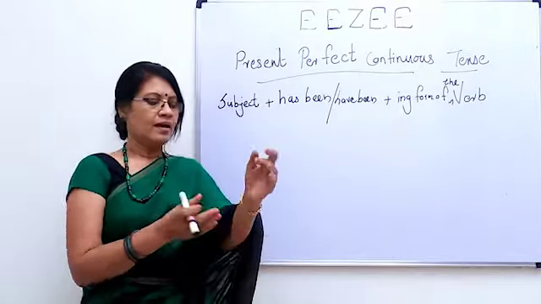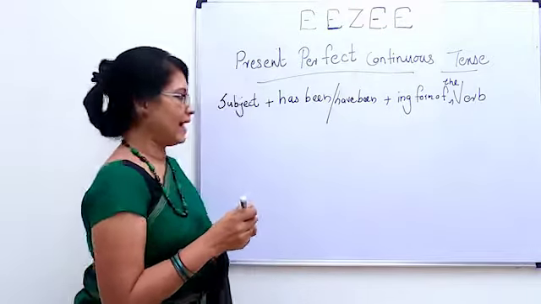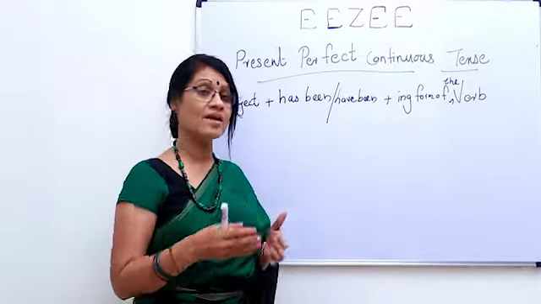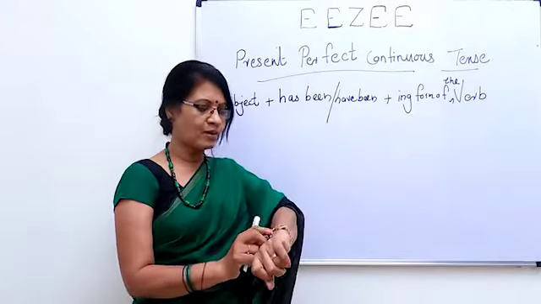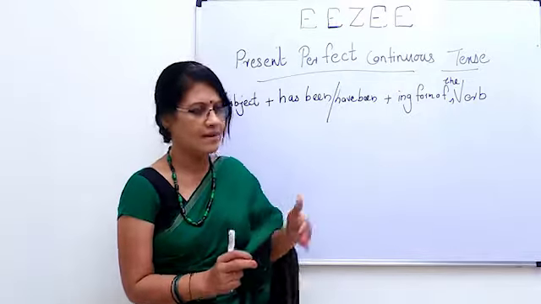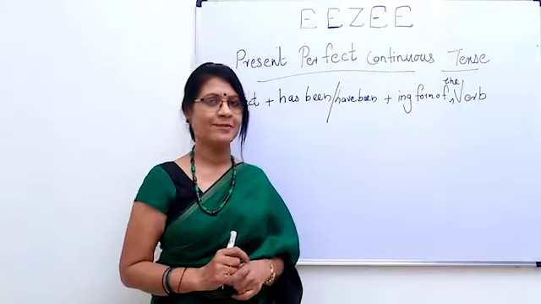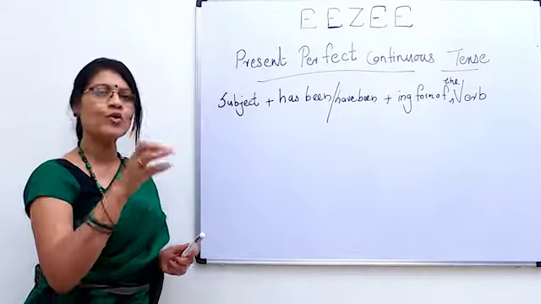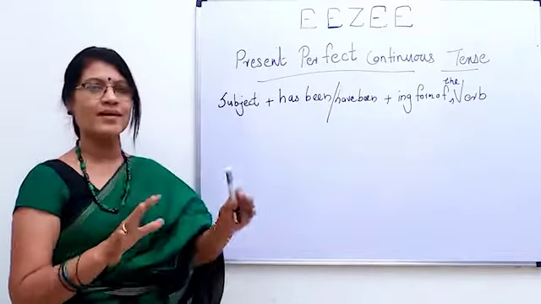Okay? I will tell you one example. I entered this room 10 minutes before. That means now the time is 1:30, so I entered this room at 1:20 p.m. So, I am going to use present perfect continuous there.